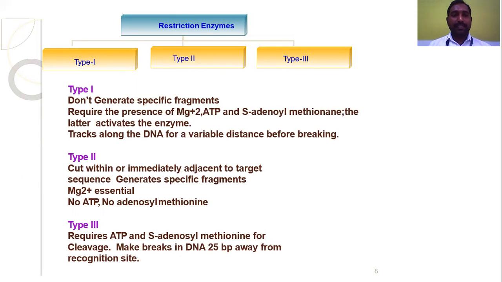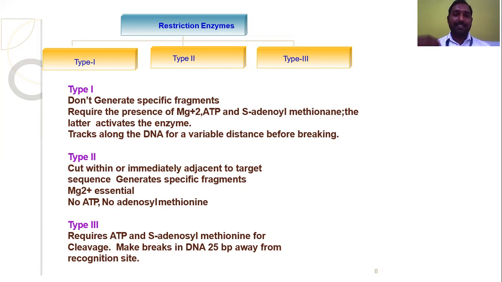So here we have the restriction enzyme types. For example, type 1, type 2, type 3, and also type 4. Type 1 will have digestions which do not generate specific fragments. That is more important, as we were talking about recognition sites or recognition sequences. If the template DNA is there, the type 1 restriction endonuclease is going to identify a particular sequence and make a cleavage at some other site.